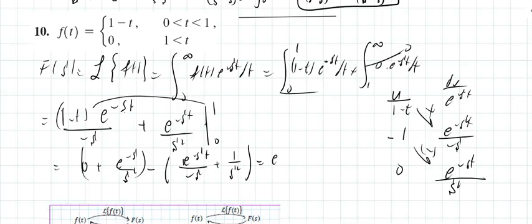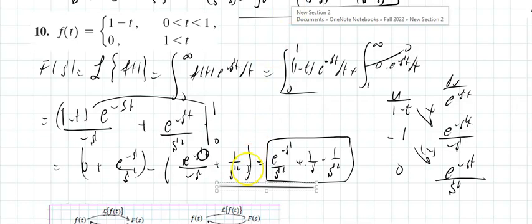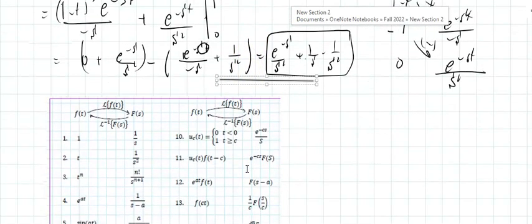So the answer will be e to the negative s over s squared plus, I forgot to put the 0 there, plus 1 over s minus 1 over s squared.